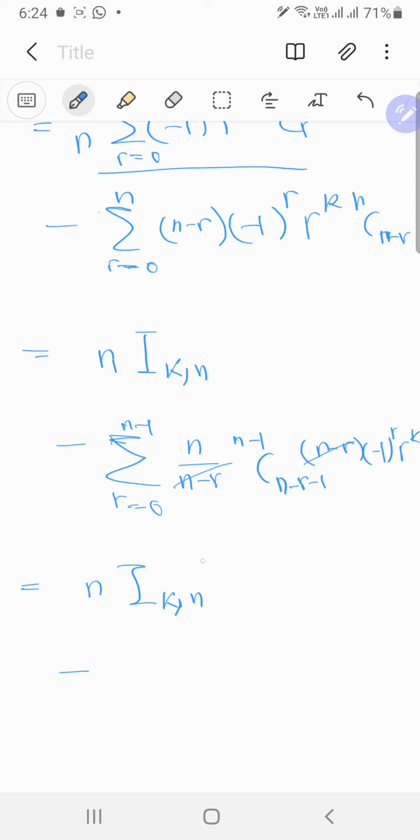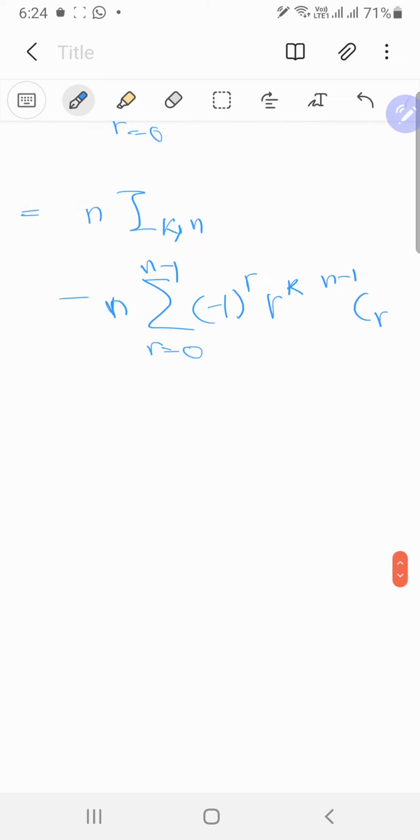Okay, and negative, I can get this n out, so negative n times the summation of, so let's see what we got, negative 1 power r, r power k, yeah. And what about this thing? I'm going to write it as (n minus 1) choose r, right? I mean, they are the same thing, and this is from r equals 0 to n minus 1, right? That should make sense.